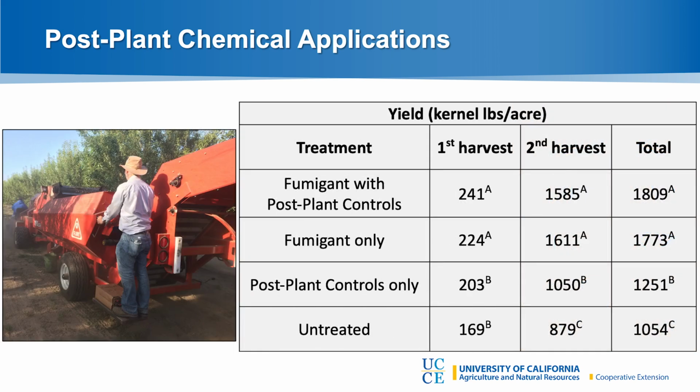However, when you look at the cumulative yield, and we only looked at this for the first 2 years, the cumulative yield with the post-plant controls were better than with nothing at all, okay? Was it good enough? Because this is something you have to apply every year to have it be effective. I can't really say. You'd have to do the math yourself. But these post-plant chemical controls seem to have an effect, at least when it pertains to yields, if you did nothing at all, but it wasn't necessarily a replacement of fumigation within the first 5 years, because that's when we stopped looking at it.